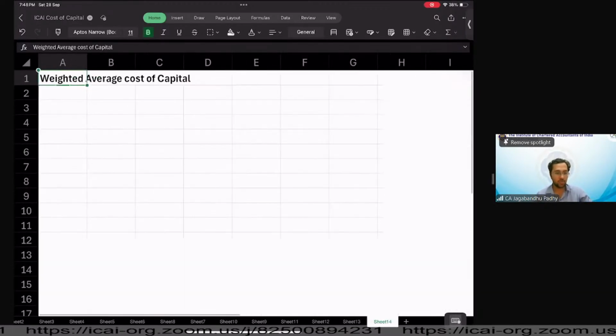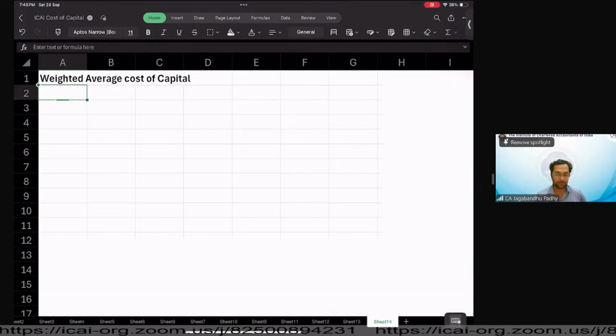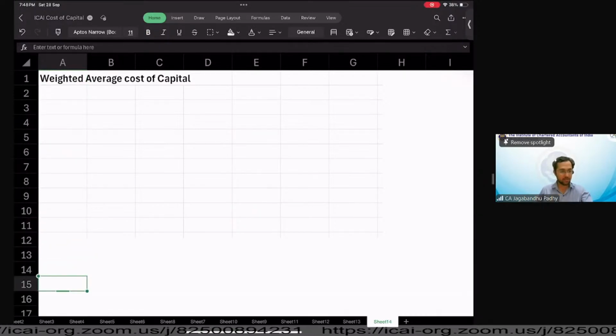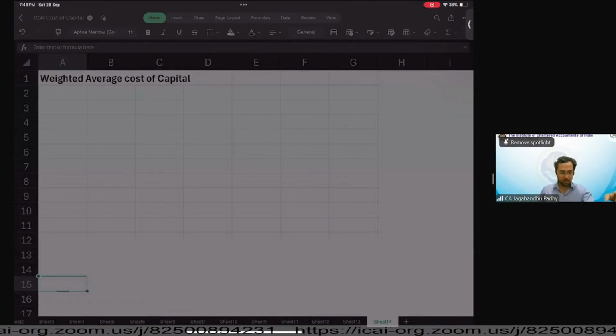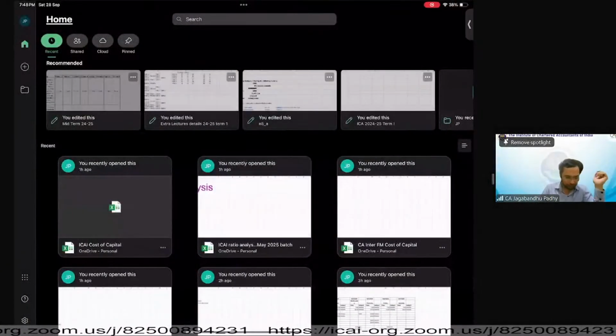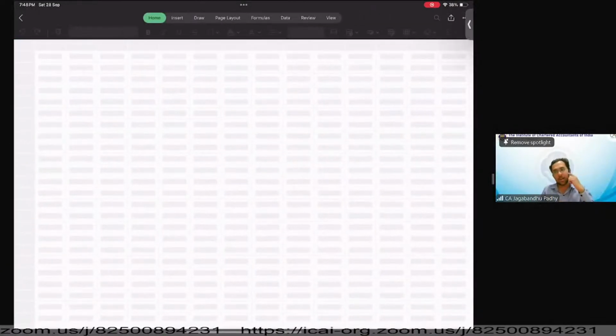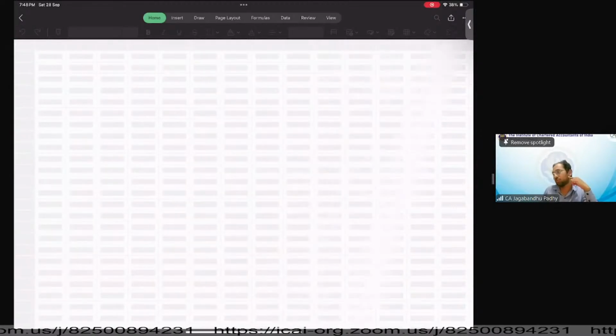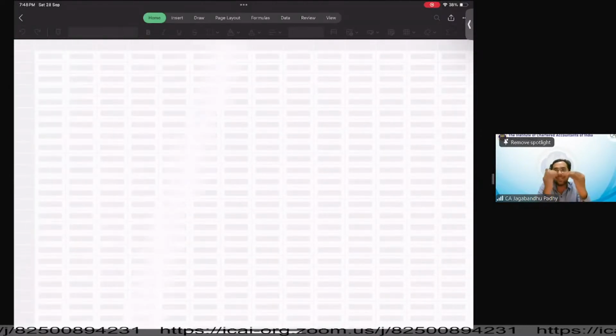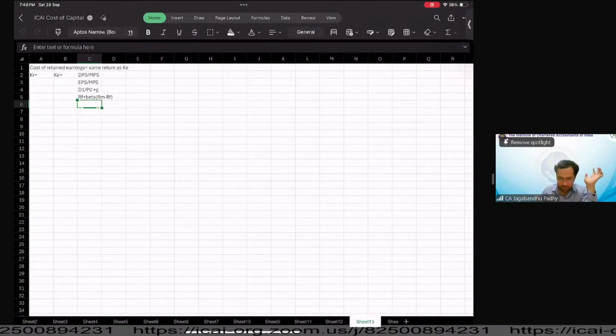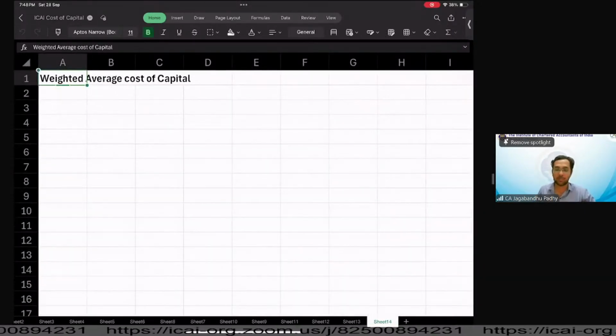Okay, so weighted average cost of capital. In this concept, what are we really going to do? We are going to calculate the cost of capital not for one typical source of fund, but for multiple funds together.